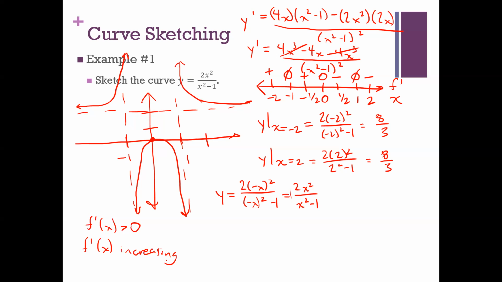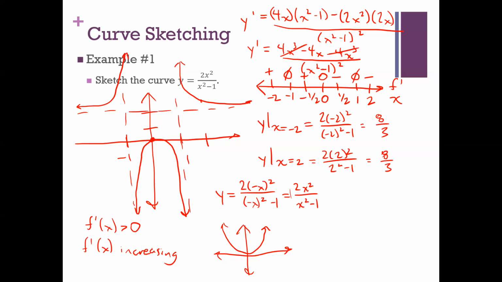Is it possible for exactly one of those to be true? So I'll give you an example here. There are examples on this graph that we can talk about, but let me just graph the standard parabola for you. A parabola is a function that is concave up everywhere. So f prime is increasing everywhere.